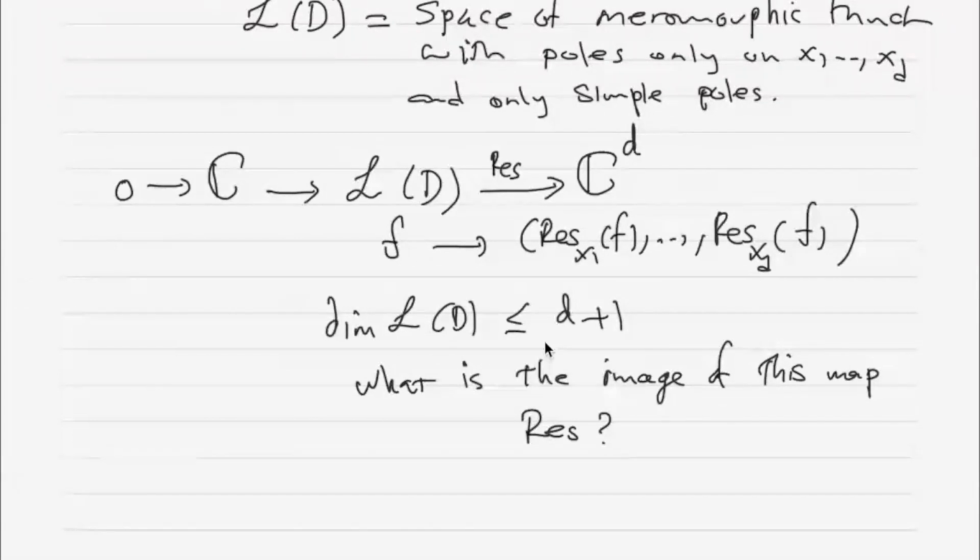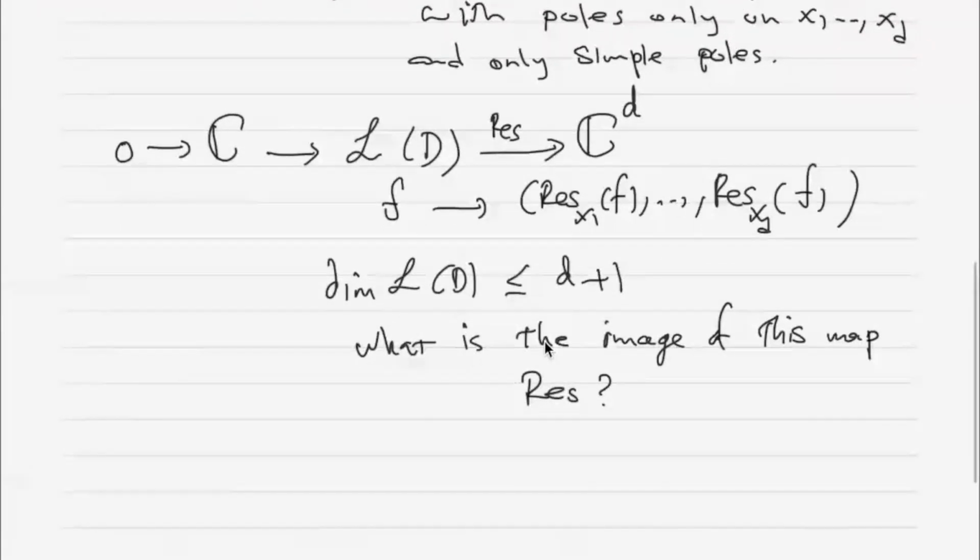If you knew what the dimension of this image is, then the dimension of L(D) would be 1 plus that dimension. So what we really want to understand is what kind of restrictions we have: if I give you a vector of d elements in C, can I construct a function whose residues at the poles x1 through xd are those numbers? Do we have any obstruction for this or not?